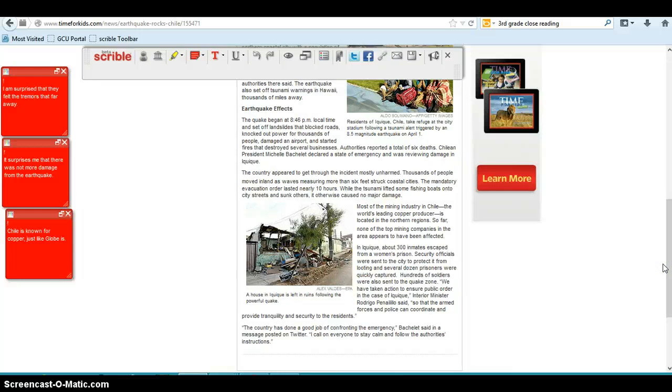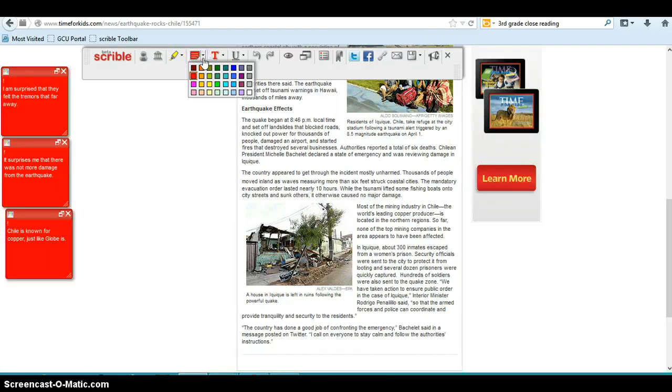That is a lot of inmates. Security officials went to protect it, and several dozen prisoners were quickly captured. 12, 24, 36, 48, 60. So several dozen might only be 60 people out of 300. What about the rest of them? So that is a question that I had.